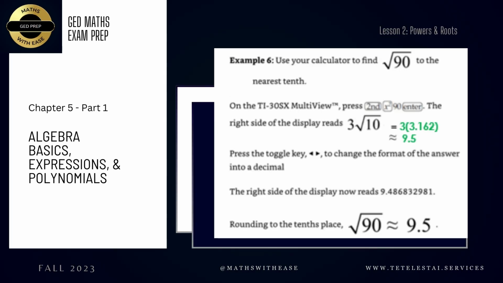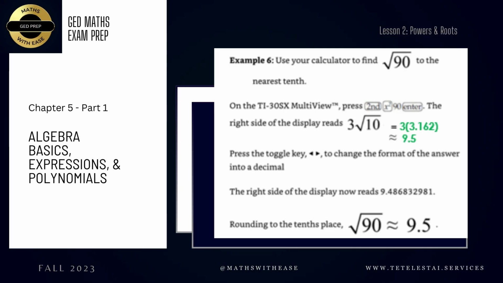Use your calculator to find the square root of 90 to the nearest tenth. You press the second function key, then the x squared key, and then press enter. The right side of the display would read 3 times the square root of 10. 3 times the square root of 10 is essentially just 3 times 3.162, which works out to approximately 9.5.